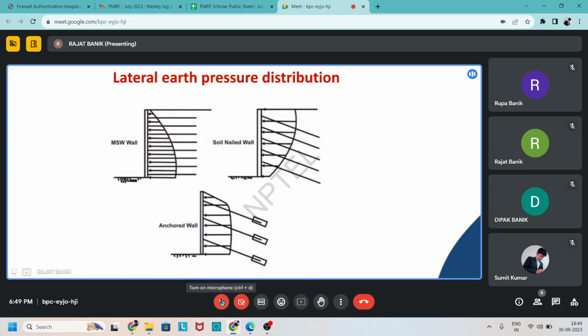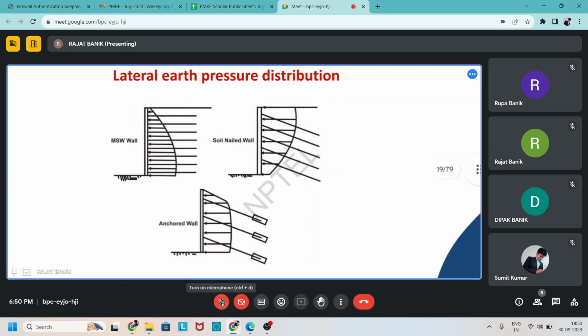And in the anchorage wall, at top it is similar to the mechanically stabilized wall, zero, but after a short distance the earth pressure distribution is constant. So these are the three diagrams by which we can see the distribution of earth pressure for different arrangements.